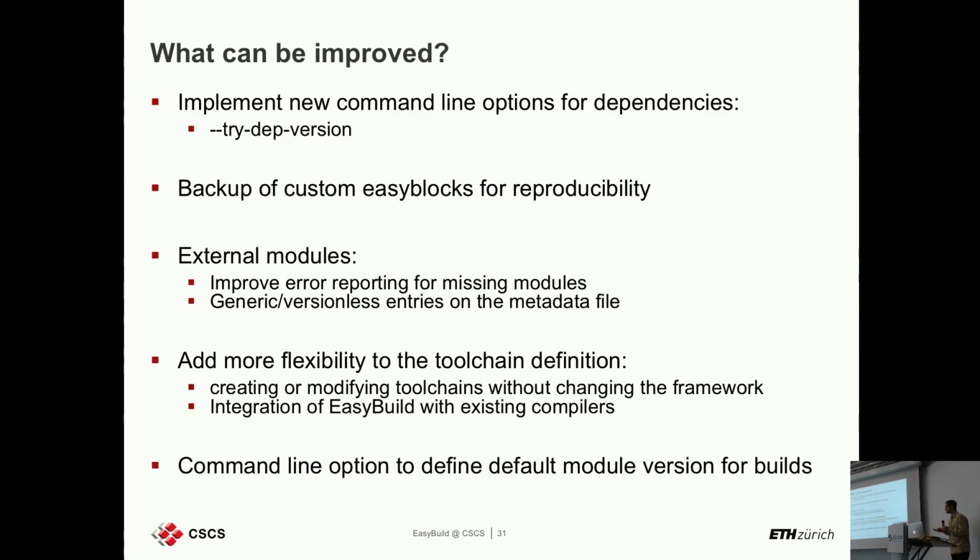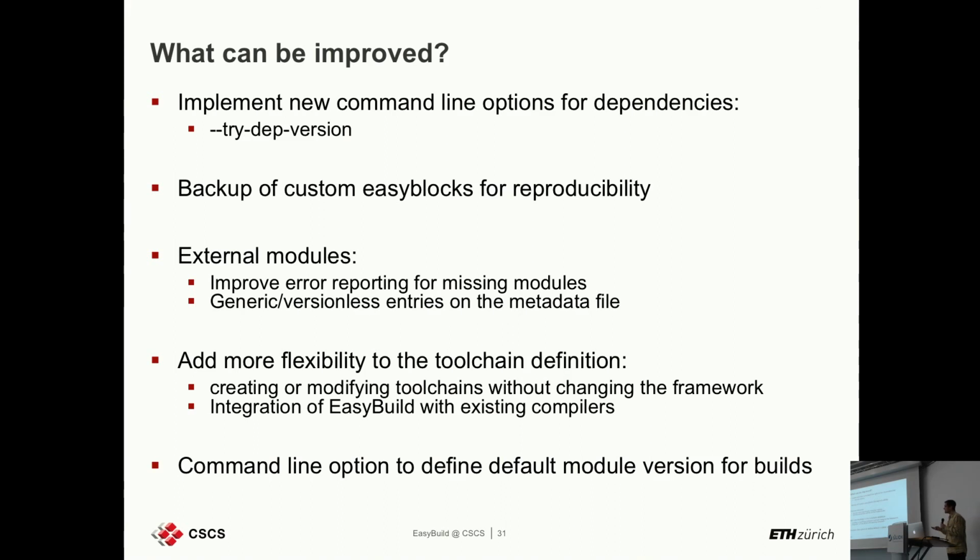So we have some proposals, like implementing a new command line option for try also for dependency versioning, because sometimes you need to provide by hand some dependencies in case you write a new EasyConfig file. The backup of custom EasyBlocks: once you install a new EasyConfig file, you have the easybuild files repo where a copy of the EasyConfig is stored. That might be useful also for EasyBlocks that are not in the framework but have been used by the recipe.